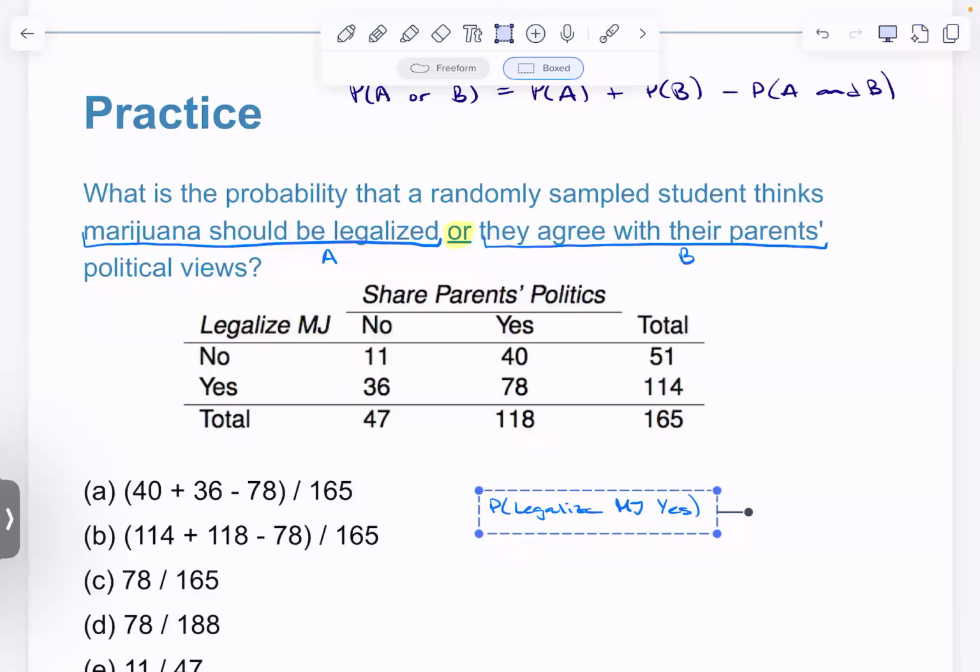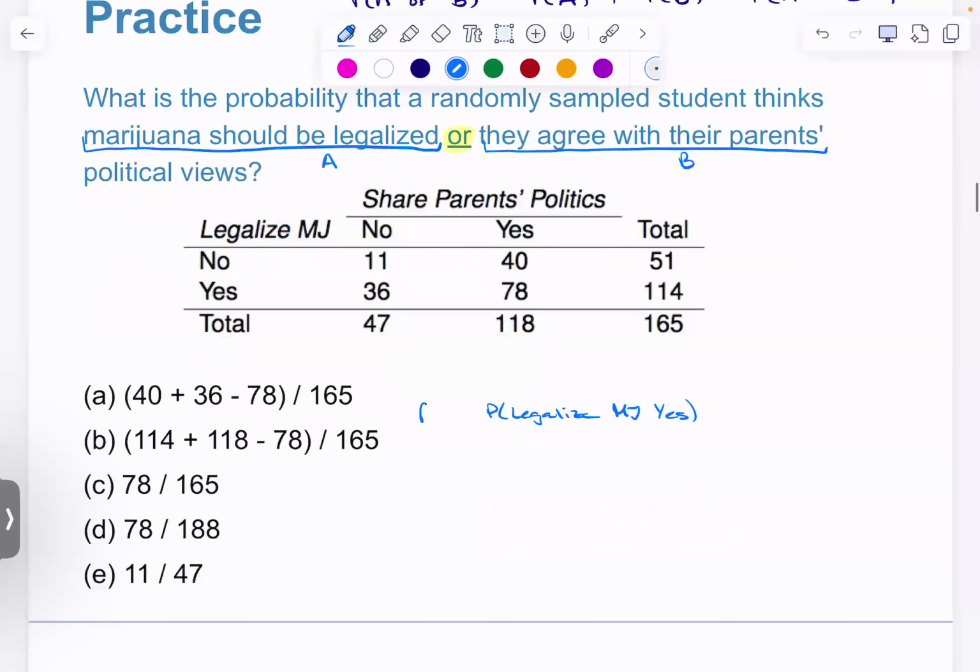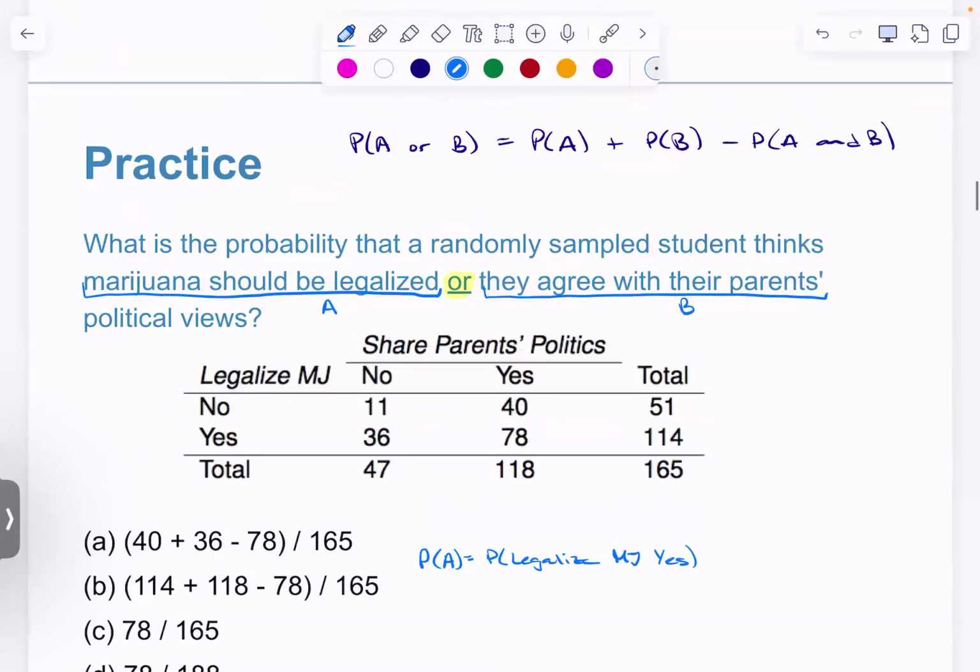So the probability of A is really shorthand for the probability that someone said yes to the legalized marijuana question.